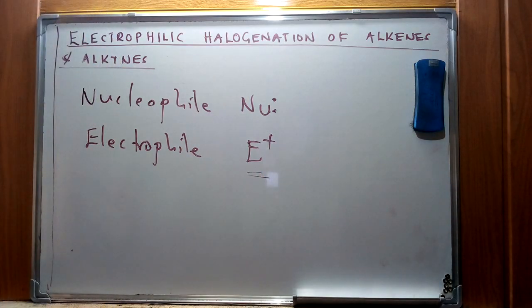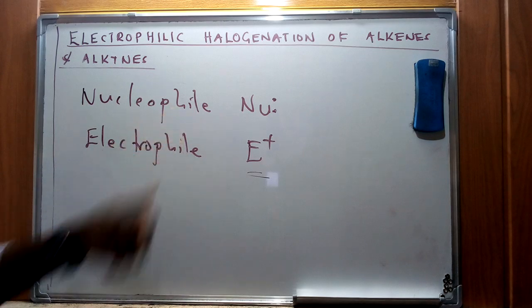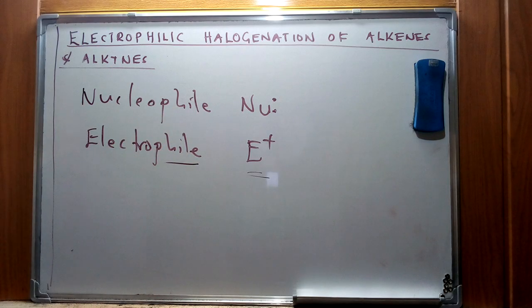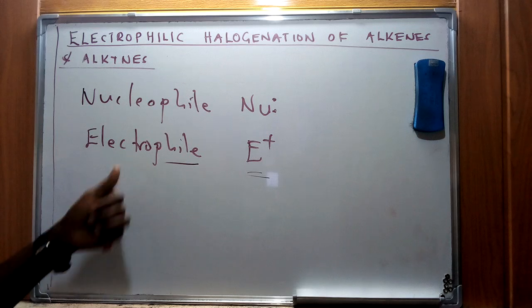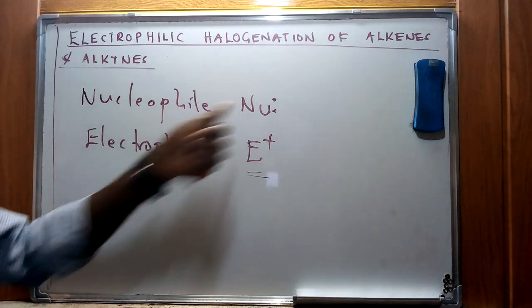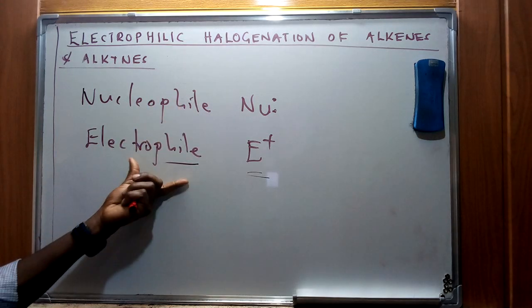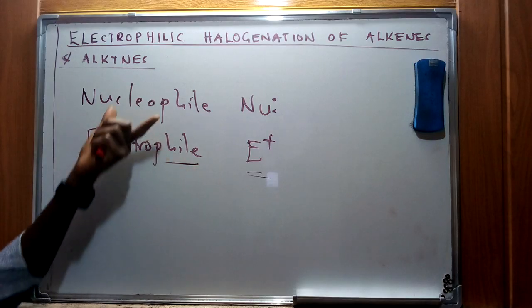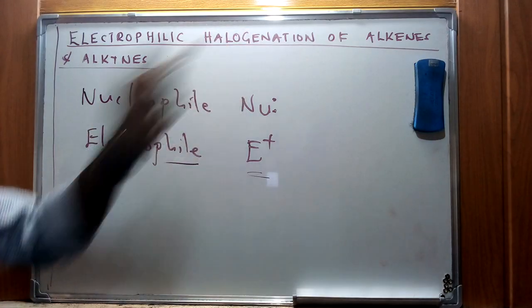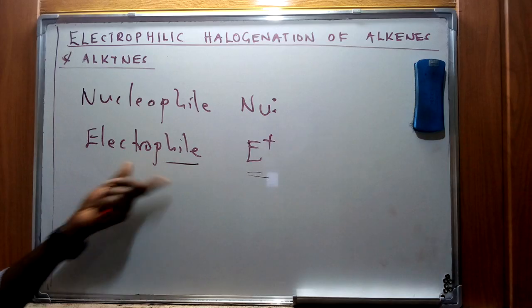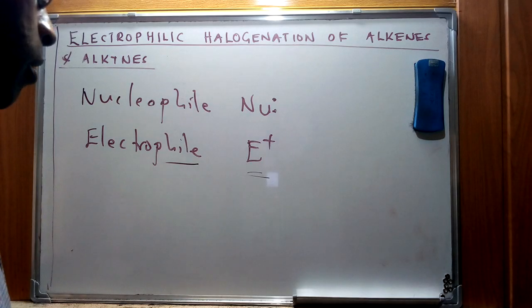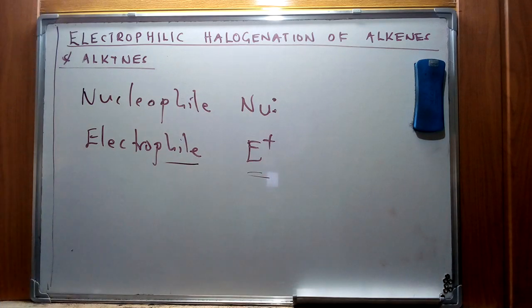From these names, the concept of phile refers to the electron-loving species, and this is an electron-rich species. So whenever we consider the nucleophile and electrophile insofar as halogenation is concerned, they are going to react with the particular points bearing the opposite charges of those molecules.